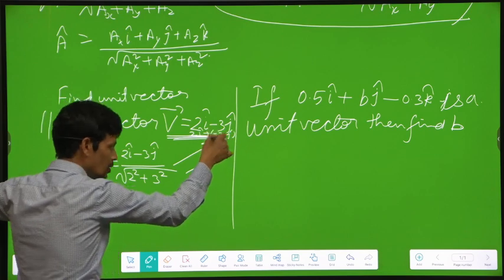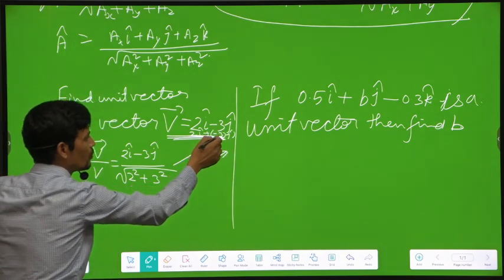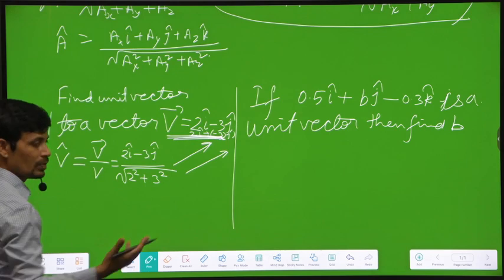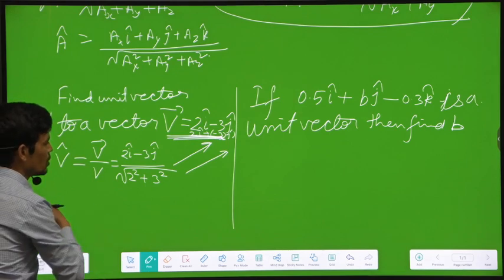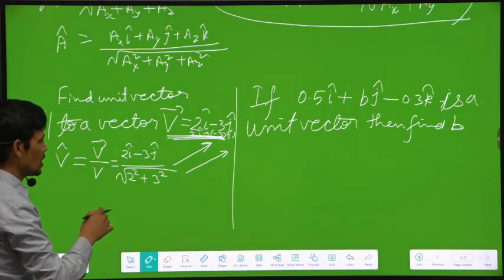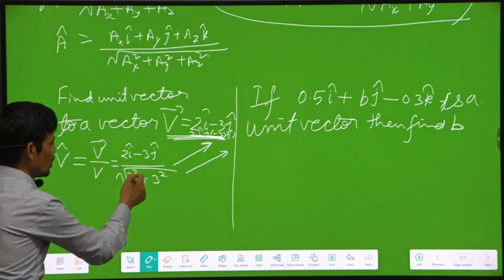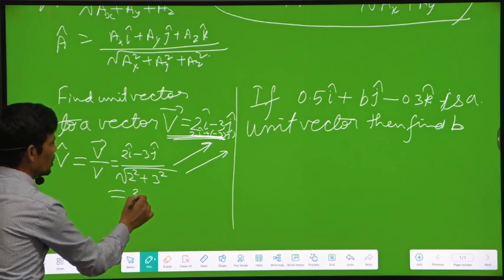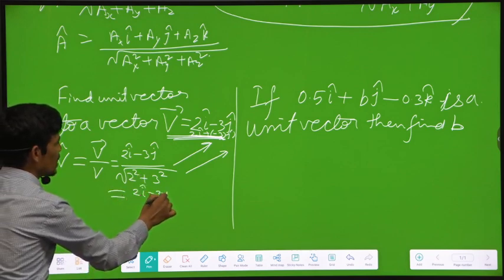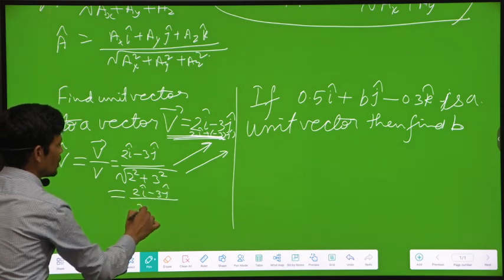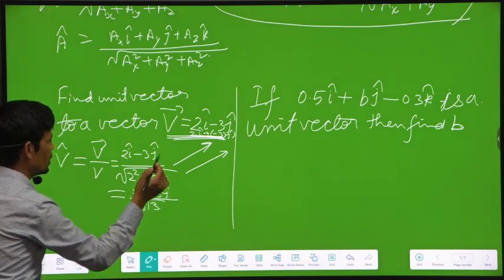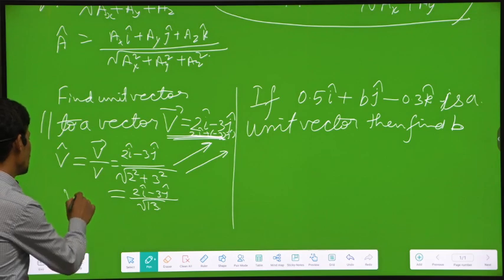When we square the component minus 3, that will be ultimately positive. So there is no need to put the negative sign, you can directly put positive while calculating magnitude. So it is 2i cap minus 3j cap divided by root of 13.